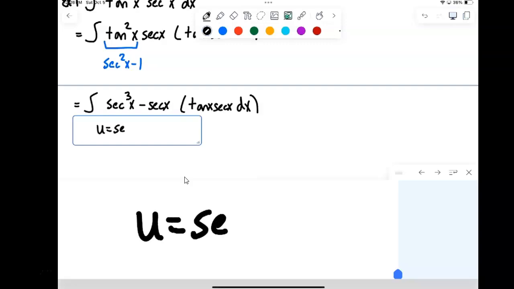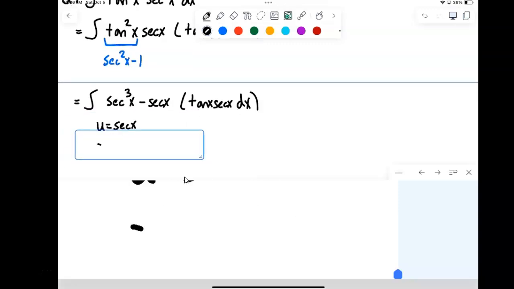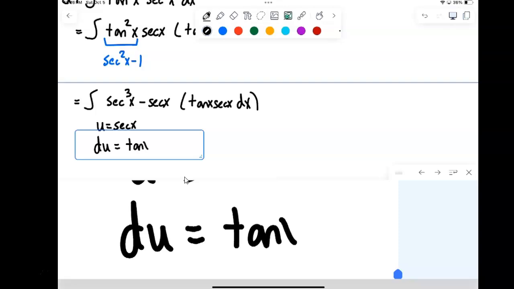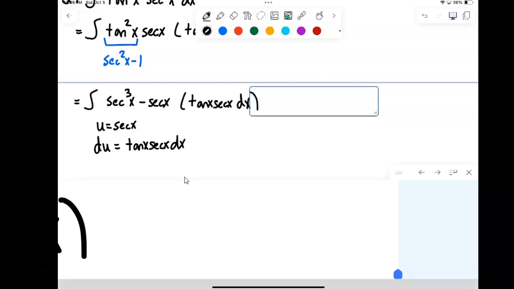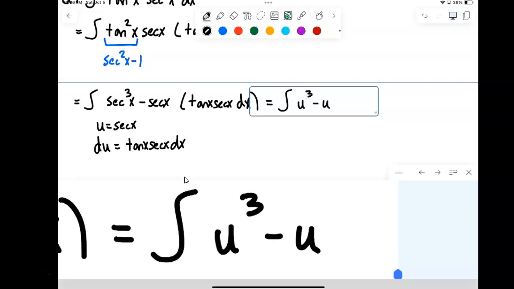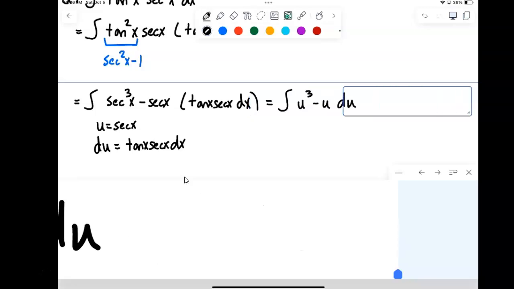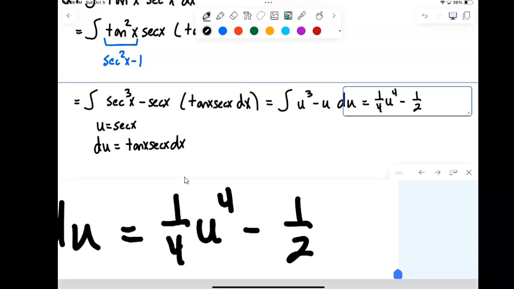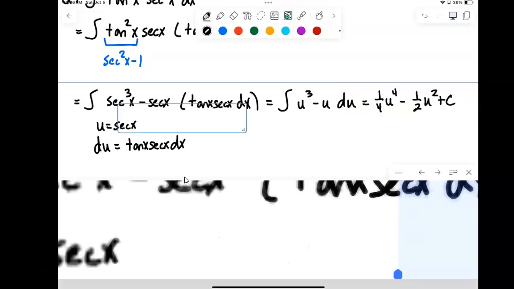u equals secant x. So that we have just what we need for du: tangent x secant x dx. So that this just becomes the integral of u cubed minus u du. And we work it out. 1/4 u to the fourth minus 1/2 u squared plus a constant.